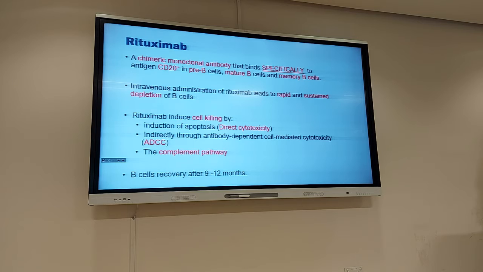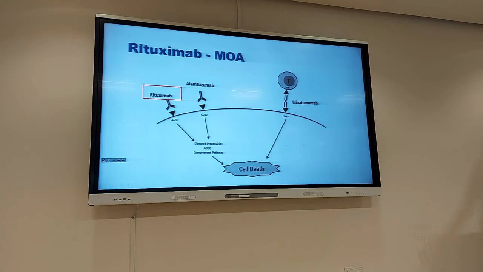It induces the killing of the cell by the same principles as the polyclonal antibodies: the complement pathway, antibody-dependent cell-mediated cytotoxicity, or induction of apoptosis. But usually the recovery of B cells occurs 9 to 12 months later. As I mentioned, they bind at the cell surface of CD20 and then activate cell death.